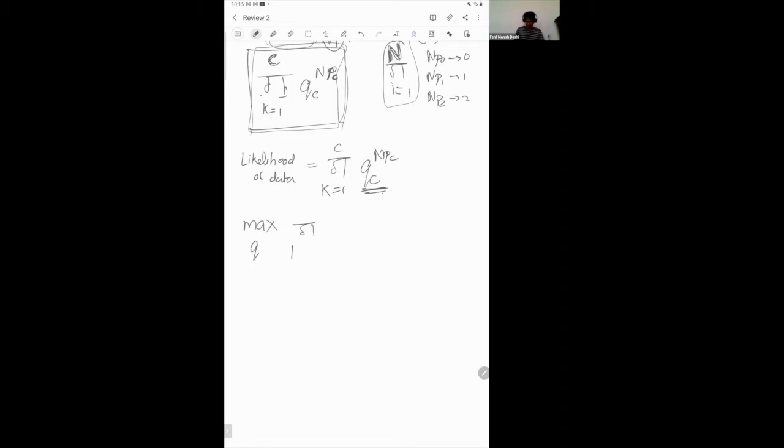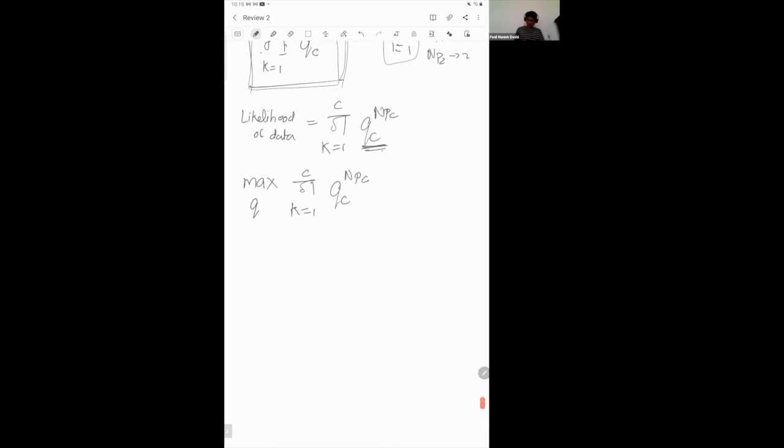Maximize over Q. What we can do is directly do gradient descent on all this.